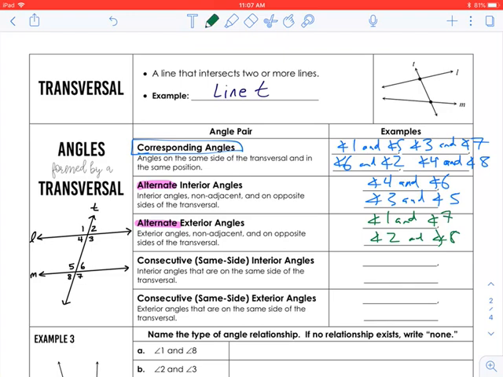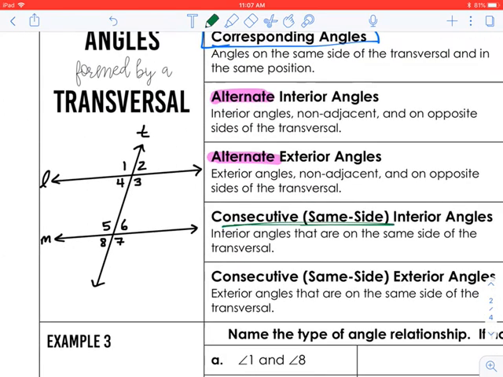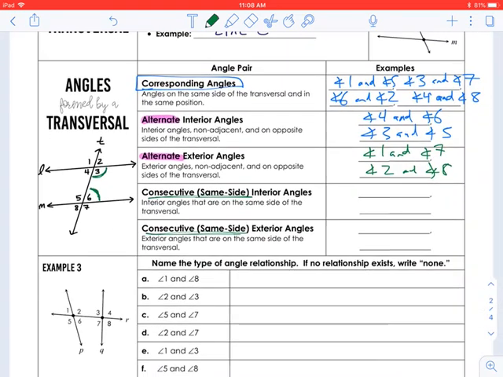And then consecutive means same side. Consecutive and same side are the same thing. The word consecutive means right after the other. So if you look at a straight line, it's right next to what that is. They're not adjacent, but for instance, consecutive interior would be like 6 and 3. Those are consecutive because they're right next to each other, but on different lines.